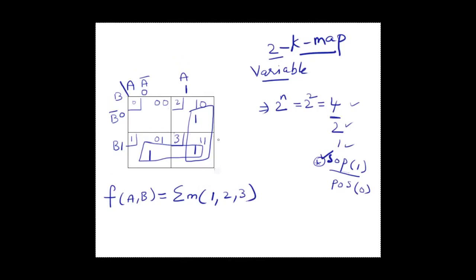I'll write down the solution for this. Now first I have grouped this. So this is B. You always check which is the common term here. For both the ones, B is common. For this one you have A bar, for this one A, so A is not common, whereas B is common.